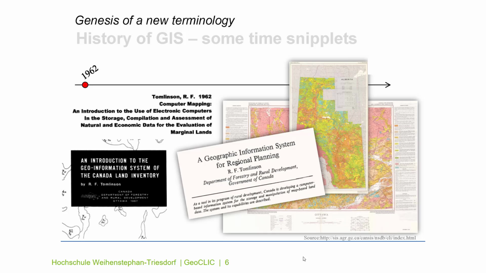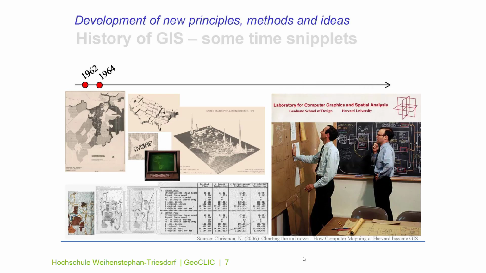In the 1960s, these geospatial analyses were first programmed in a computer in the US and Canada. Here we have an example from Tomlinson, 1962, a geographic information system for regional planning. Soon after, we had development at the Harvard Graduate School of Design.